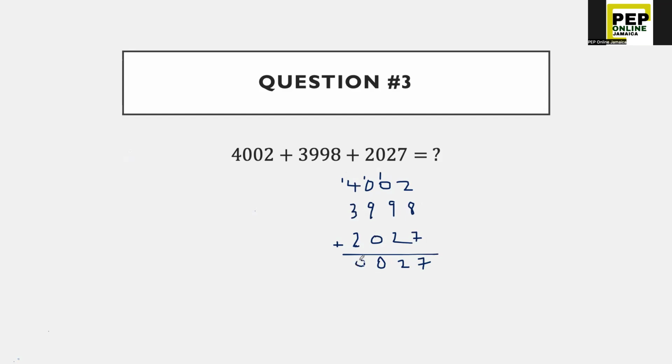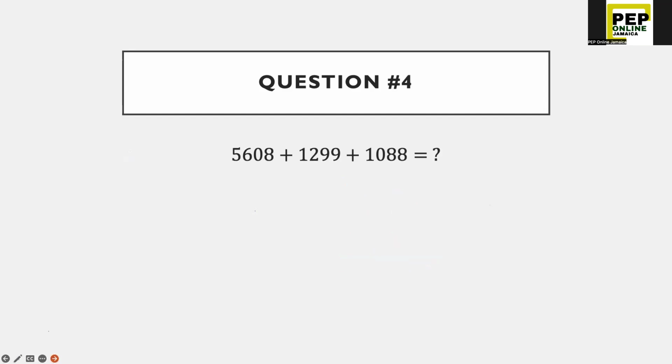Put the 0 and carry the 1 into the 10,000s position, right? So now everything is aligned properly, so we can actually read the number that the answer gives, which is 10,027.